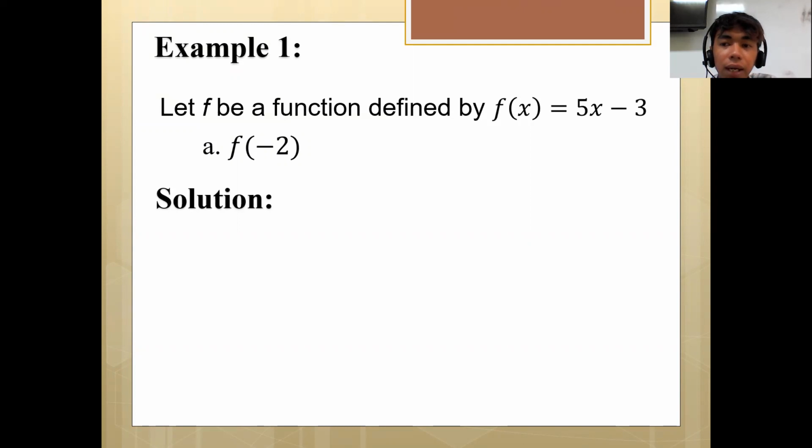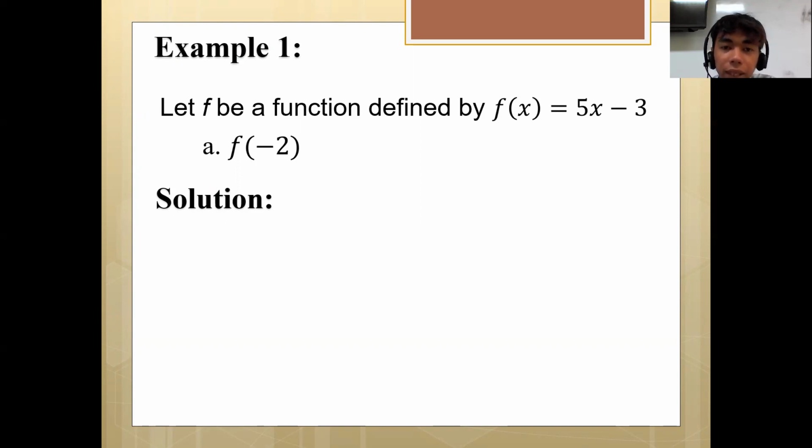And then we are asked to find the evaluation of f if our x is equal to -2. What is our x? Again, -2. So you observe f of x, and we have the given f of -2.